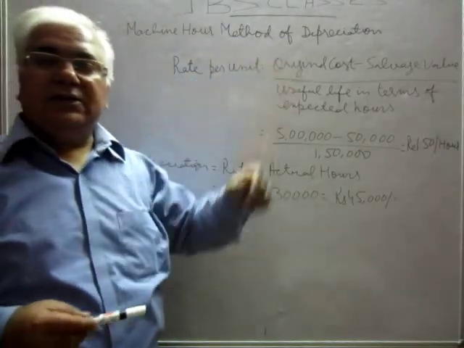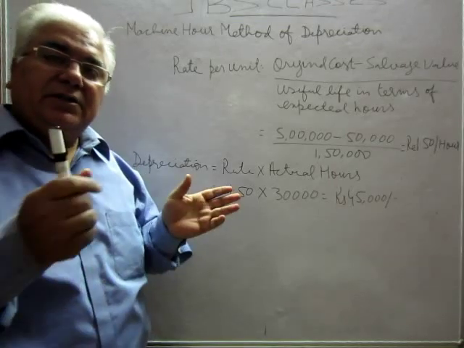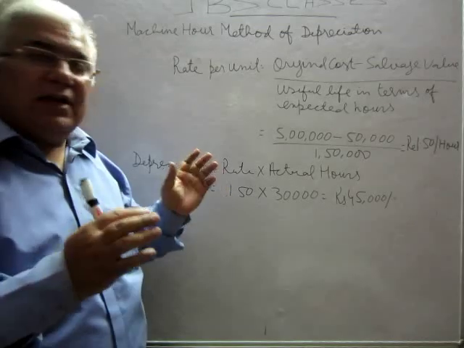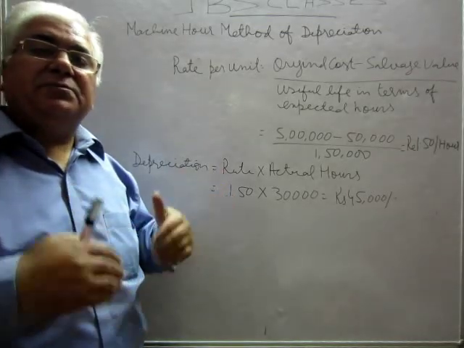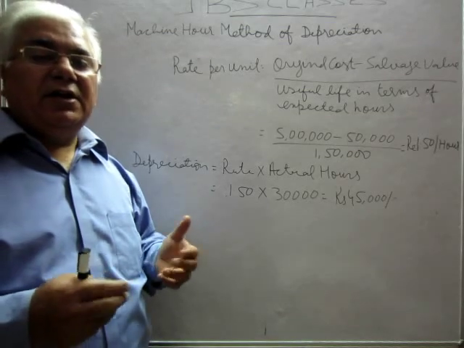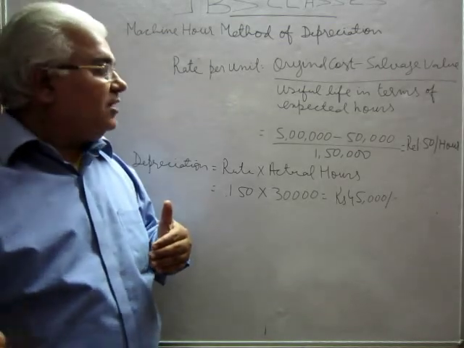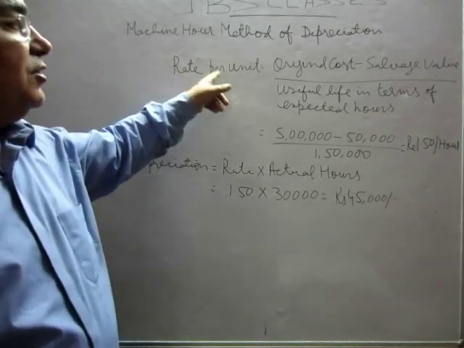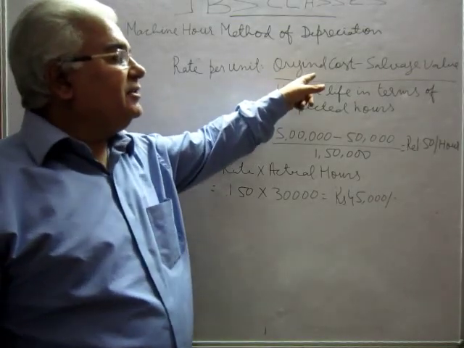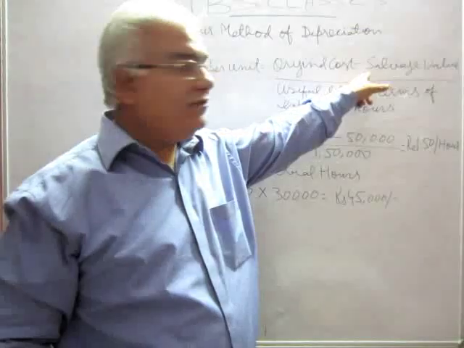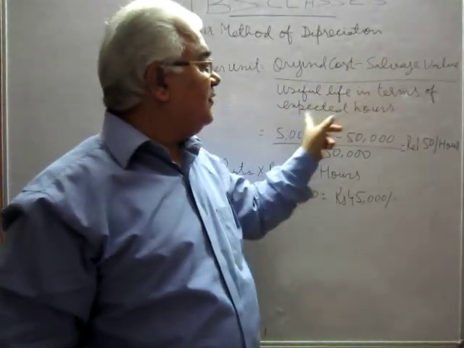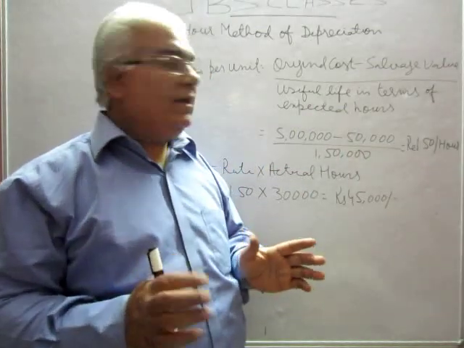Machine hour method of charging depreciation. This method is used where we estimate the life of the asset in terms of expected working hours, and not in terms of years. So the rate per unit is calculated like this: original cost of the machine less its salvage value divided by useful life in terms of expected hours.